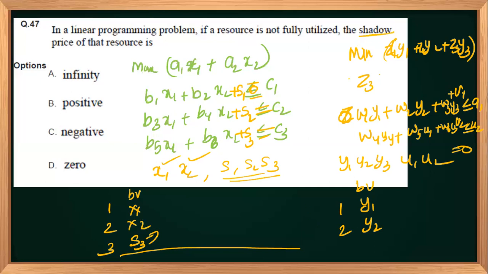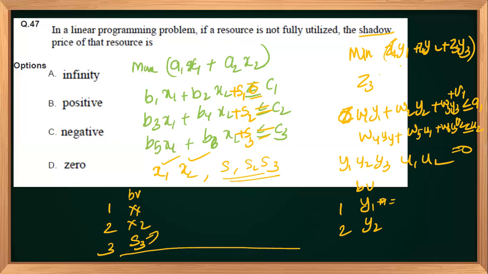Shadow price is nothing but, suppose I increase some value of y1 in our objective function, we will see that the profit will increase by that much amount, in proportion. So whatever the value of y1, our profit will increase by that much. These are resource values, right? So y1, y2, y3 are prices.